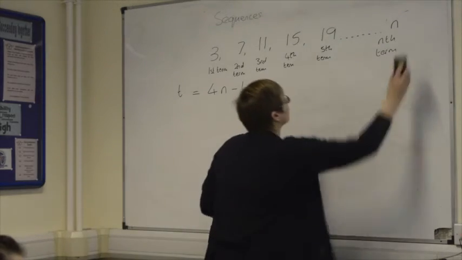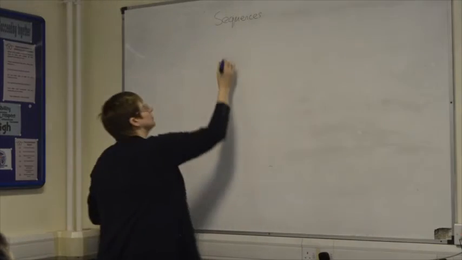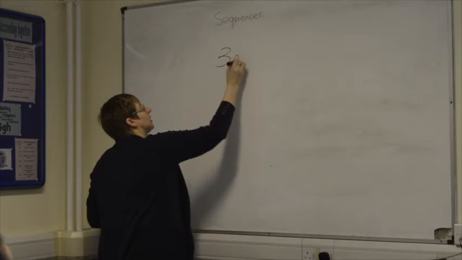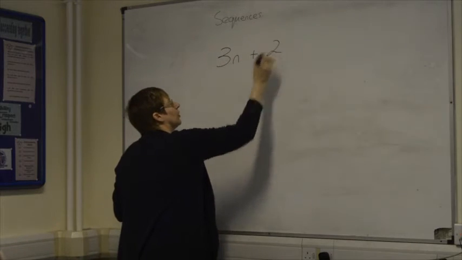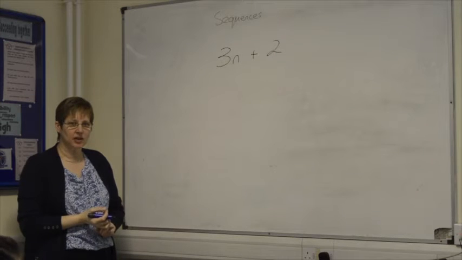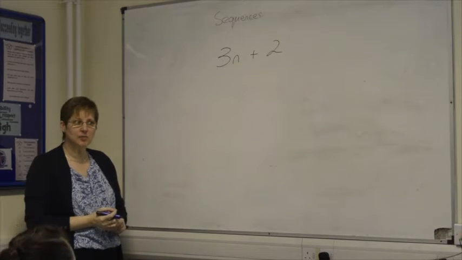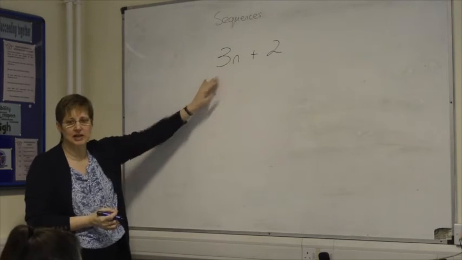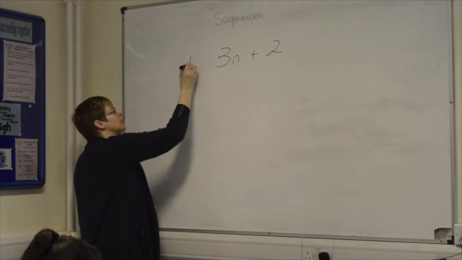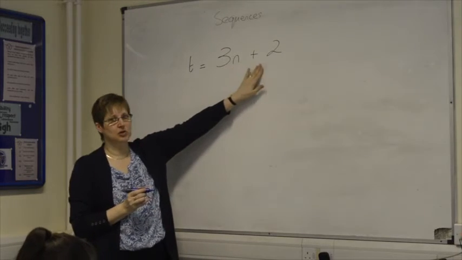So, let's go back the other way. So I'm going to give you a formula now. 3n plus 2. And I want you to have a little think and see if you can find for me the first 5 numbers that would be in that sequence. So the terms of my sequence come from doing 3n plus 2.